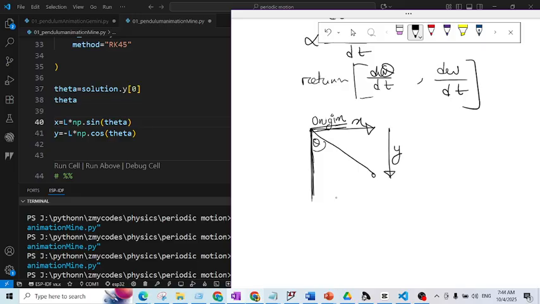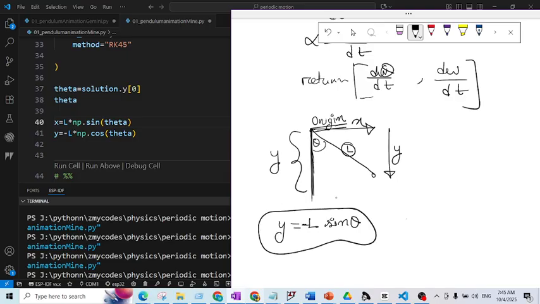So what is x, and this is L. So y is equal to L sine theta. But as y is downwards, we have to write a minus here. Then y is equal to L cos theta, and x is equal to L sine theta. And you see that x is rightward, so we have to put a plus here.